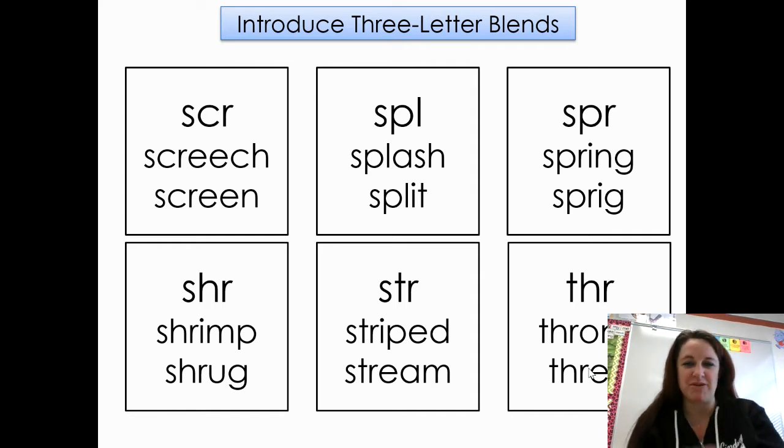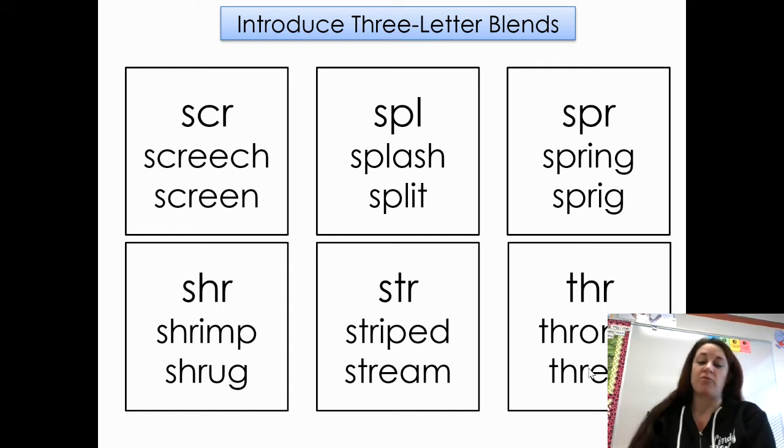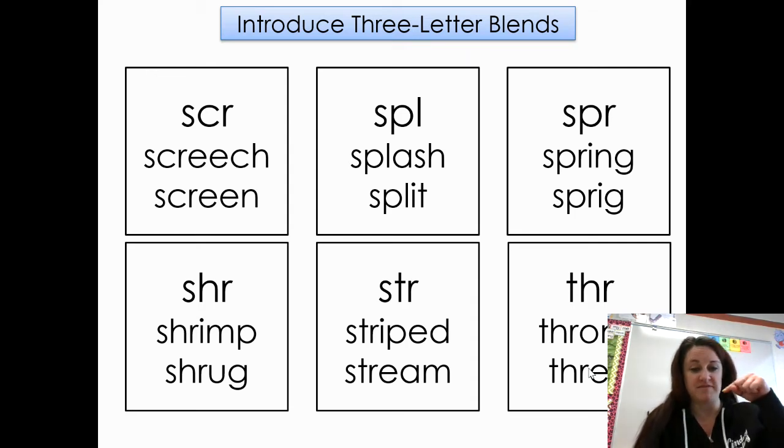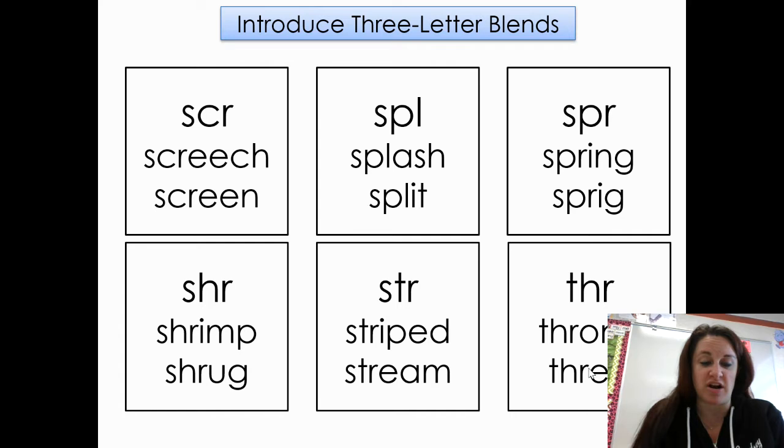Now, if we go in the top middle, we have SPL. And we say that spul. And our examples are splash and split. If we go on the top right corner, SPR. And we say that spur, as in spring and sprig. Now, bottom left, SHR, shur.